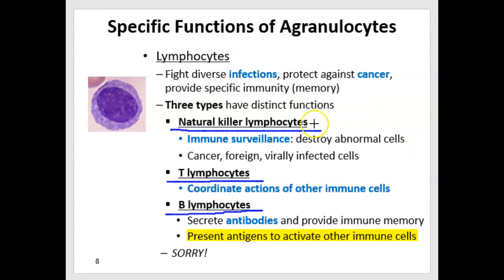Natural killer cells travel around the bloodstream. They can also get into the lymphatic vessels and take up residence in a lymph node.